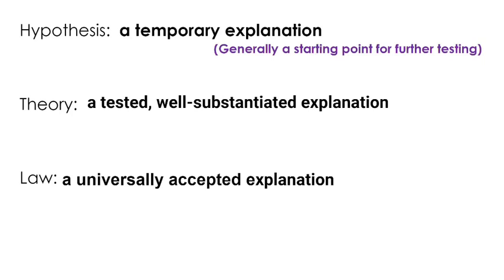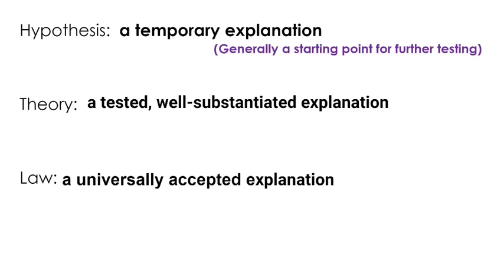So even gravity technically is a theory. It is very well tested, and we know if we hold something out and let go of it, it will drop down because of gravity. But there are some bits and pieces, and really it's the source. Where does that gravity come from? And a little bit of how it works that we haven't gotten to that universally accepted level of yet.